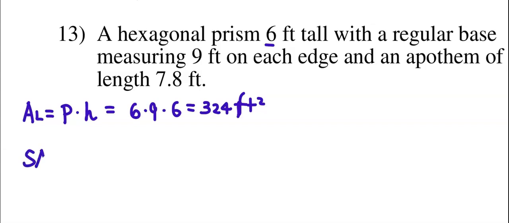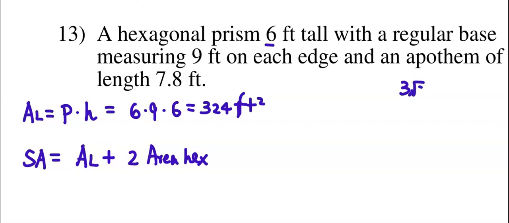And then we're going to find the surface area. It's the same drill. We're going to use the lateral area plus 2 areas of what? This time it is a hexagon. Now for the hexagon, remember you can use a formula. For a regular hexagon, this is the formula you use: 3 times the square root of 3 over 2 times the side length squared.